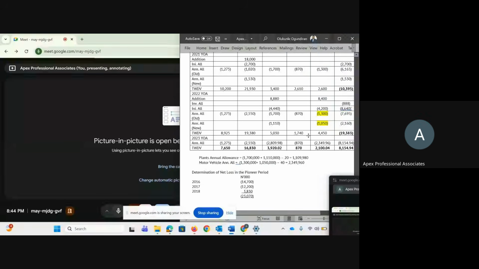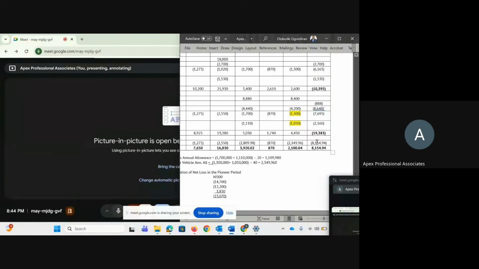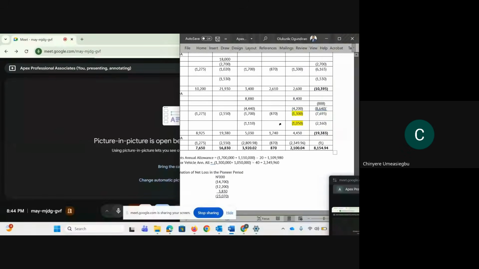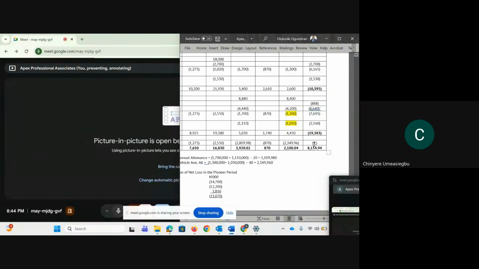Okay, so what's the figure here now? This one is one of the most delicate things in the exam. I think you should check the year. It's still correct. 9854.94.